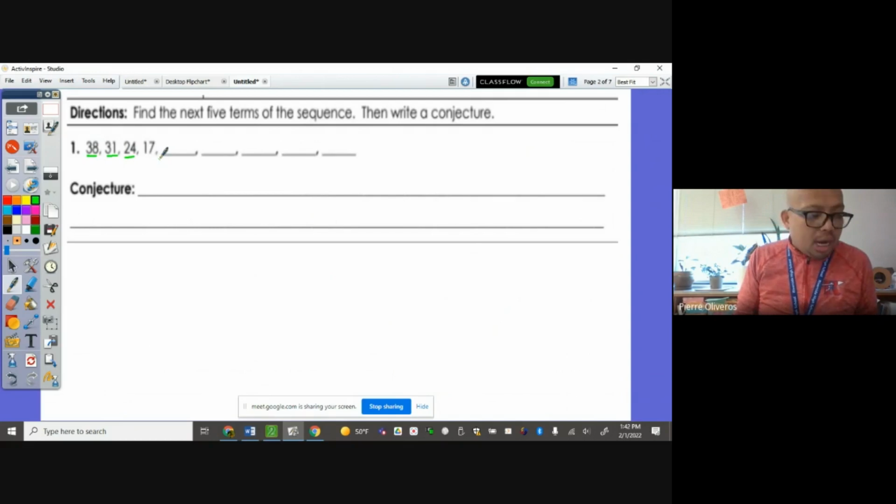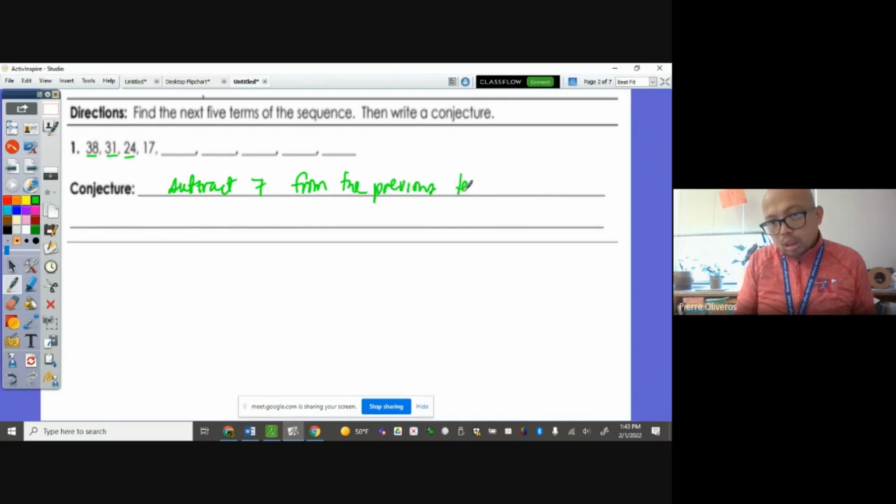I am subtracting 7 from the previous term. So 17 minus 7 is 10, 10 minus 7 is 3, 3 minus 7 is negative 4, negative 4 minus 7 is negative 11, and this will be negative 18. That's how you complete the sequence and make a conjecture.